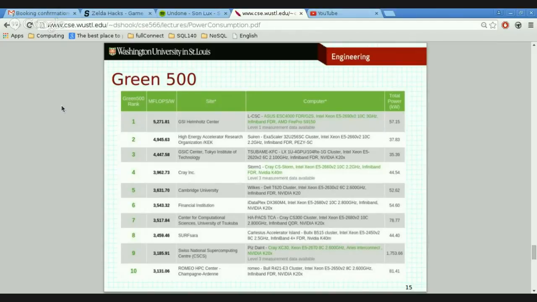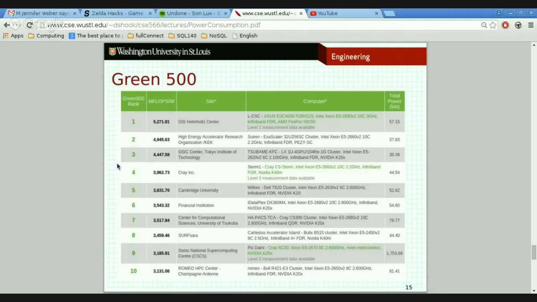We can go the other direction too. If you look at the Tianhe, the fastest supercomputer in the world right now, in terms of the Green 500, it comes on the list at number 57. So very, very fast, moderately efficient in terms of power consumption, right?